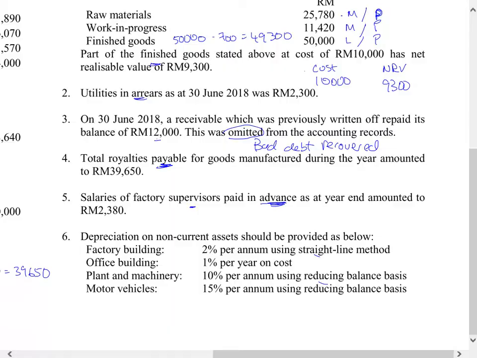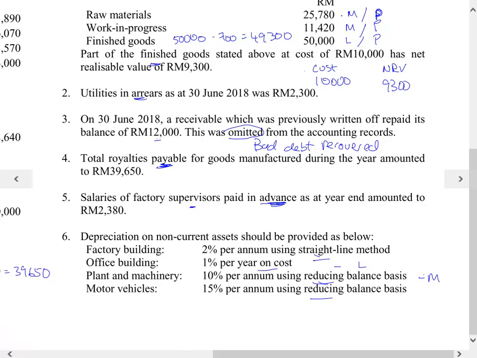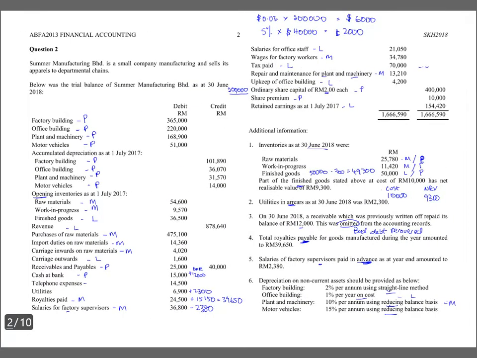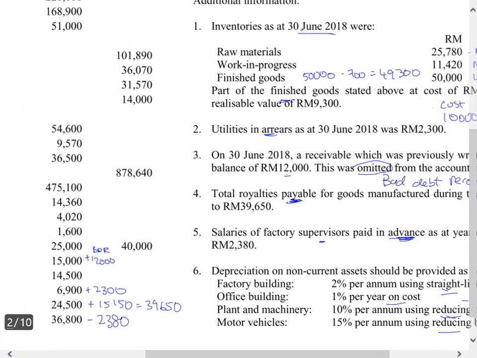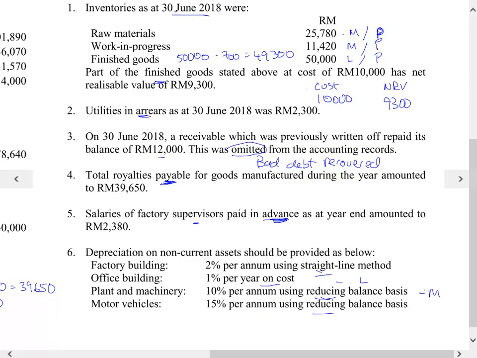Depreciation, this one you can go back and calculate because it's straight line, reducing. And what about plant and machinery? Go straight to manufacturing account. Plant and machinery, go straight. The other 3, office, go where? P&L. Correct. Office, go straight to admin lah. Okay, admin.